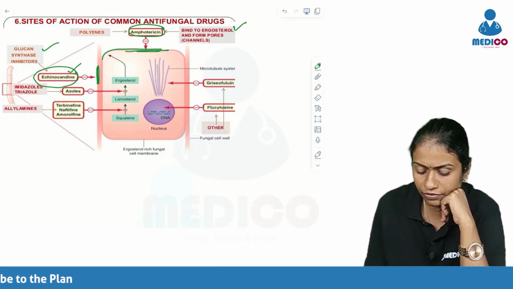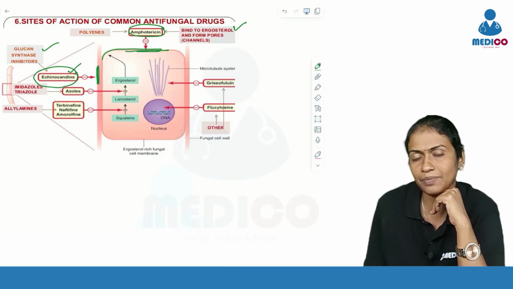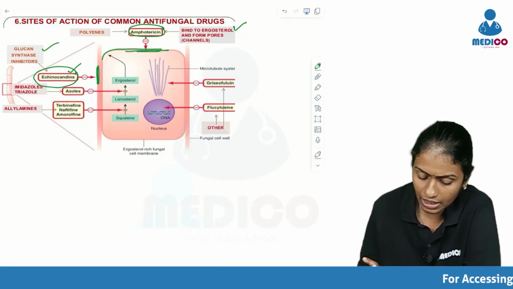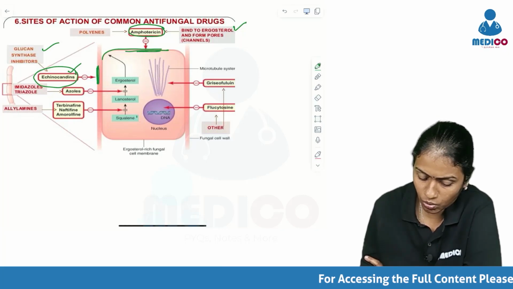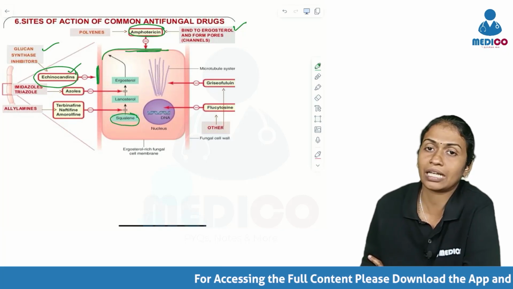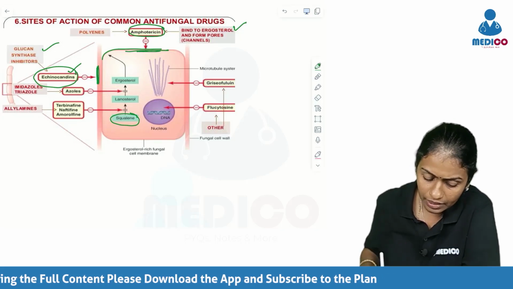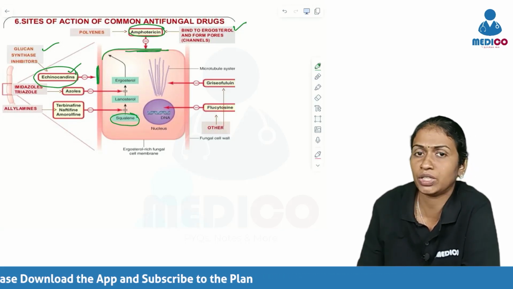And then you have the intermediate steps involved in synthesis of ergosterol. That is inhibited, like squalene converted to lanosterol is with the help of squalene epoxidase. That is inhibited by the allylamine group.